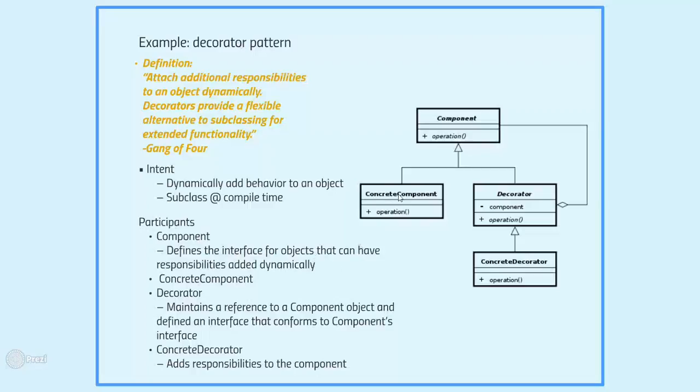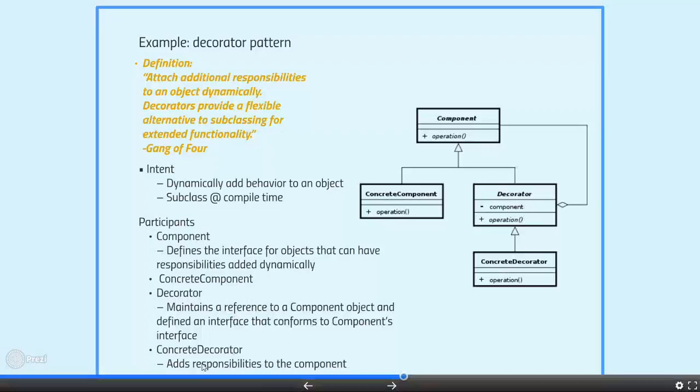Second, we have the concrete component, and besides that, we have the decorator. The decorator maintains a reference to a component object and defines an interface that conforms to the component's interface. And we have the concrete decorator, which inherits from the decorator and adds responsibilities to the component.